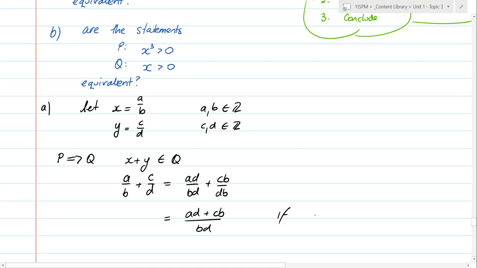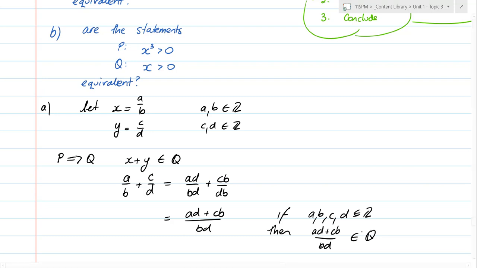And if A, B, C and D are all integers, then AD plus CB over BD is a rational value. It might be a decimal. When I say decimal, it might be not a whole number, but it's going to be rational. It can be written as a fraction. So we've shown that P implies Q.